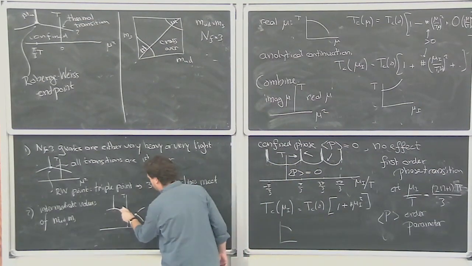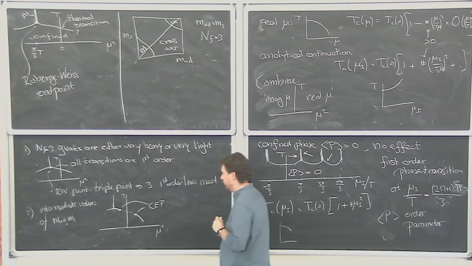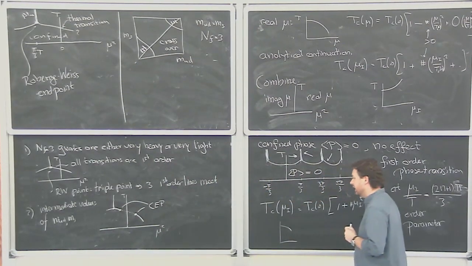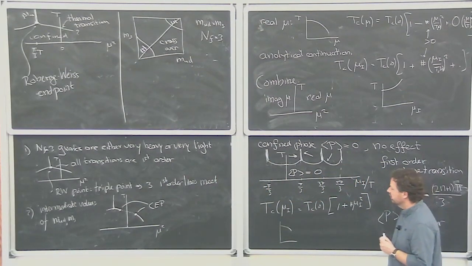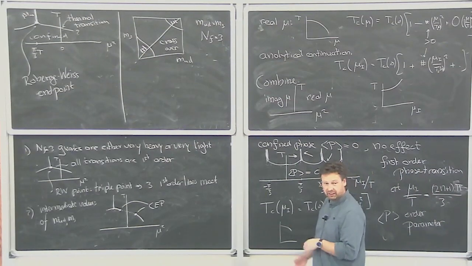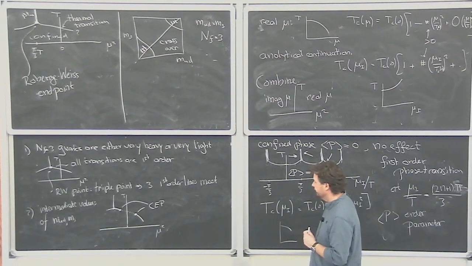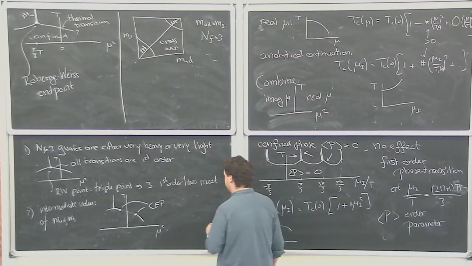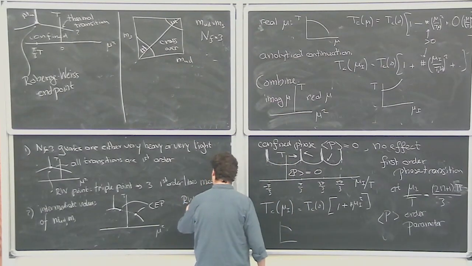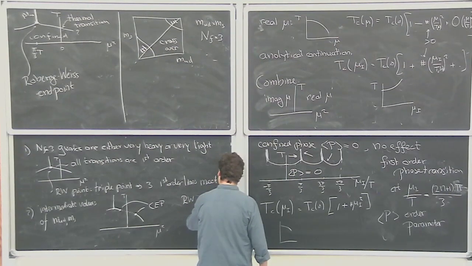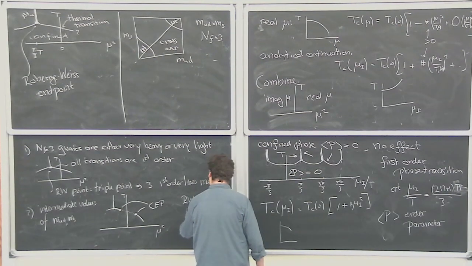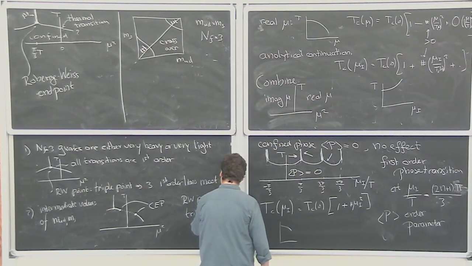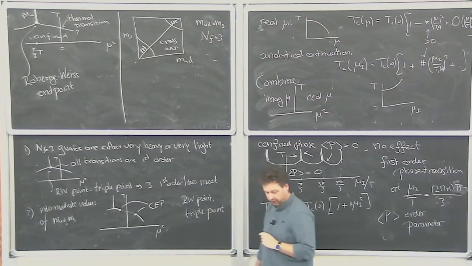So this is also a critical endpoint, but for negative mu squared, so for imaginary mu. That is logically a possibility. And in this case, the Roberge-Weiss point is still a triple point because I still have three first order transitions coming together there.